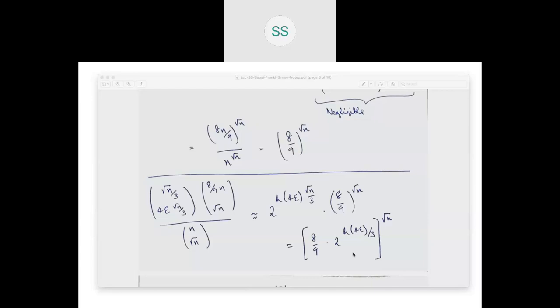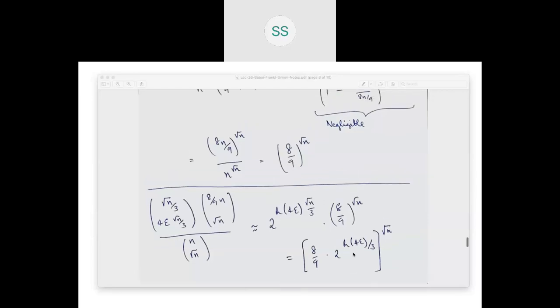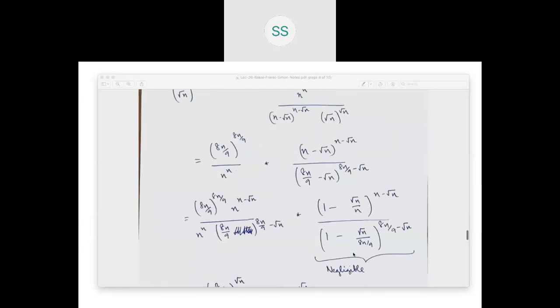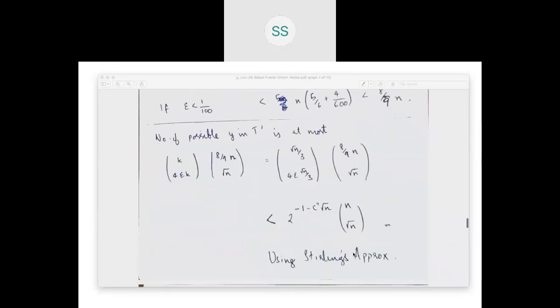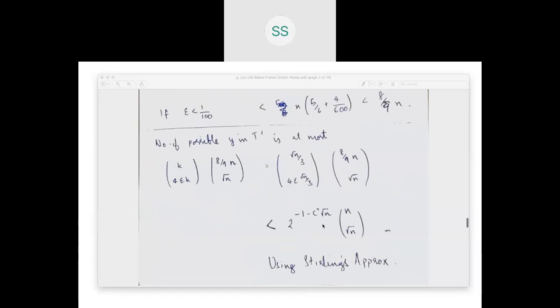Now any constant less than 1, I can take log to the base 2 and write it as 2 power minus some constant, and that's what we have done here. 2 power minus c double prime square root n.